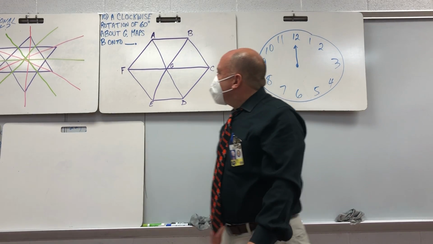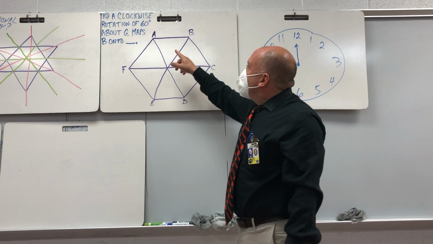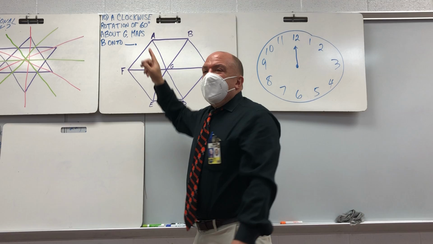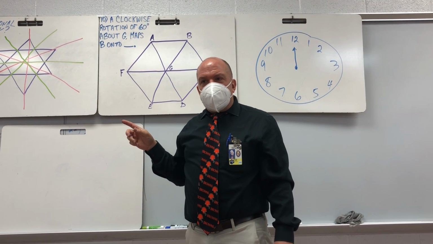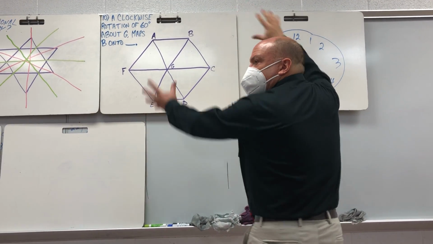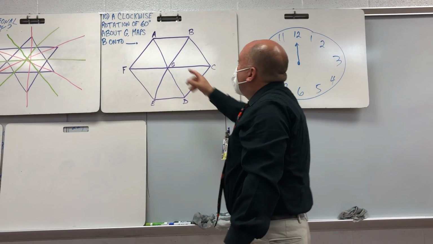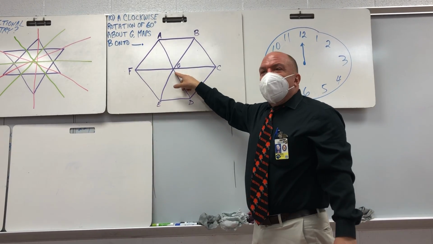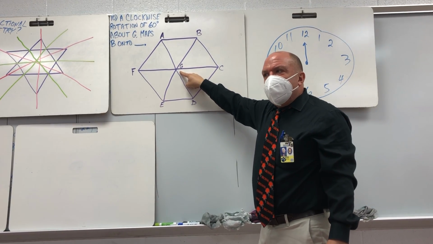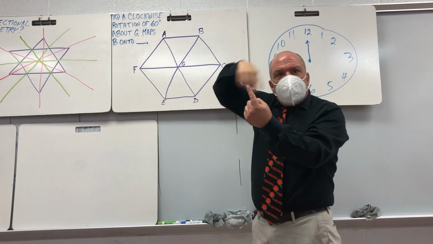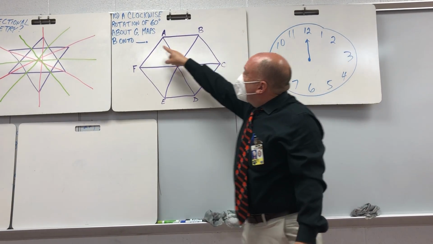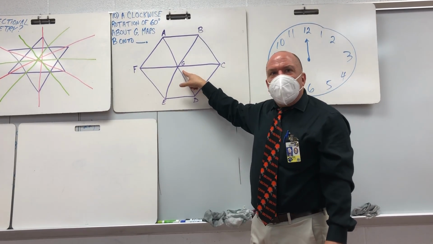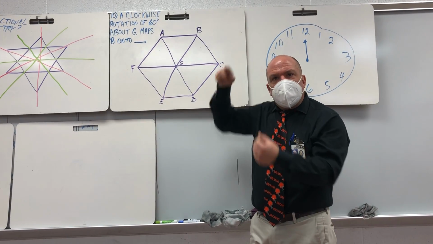Okay? All right. So here's my first question about clockwise. A clockwise rotation of 60 degrees about G means it's turning on G. G is the center, right? When something turns, it turns about a center, as if G is the needle that it turns on.